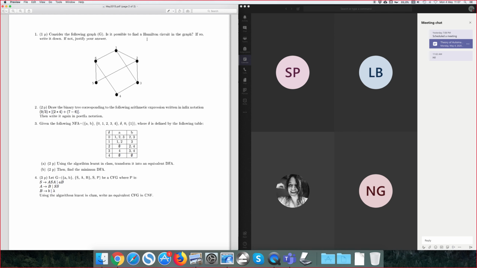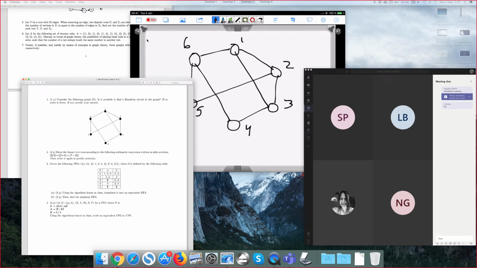Okay? And try to think how you could solve this exercise. Almost done here, just the number of the vertices. Okay, so let me switch to the whiteboard now.